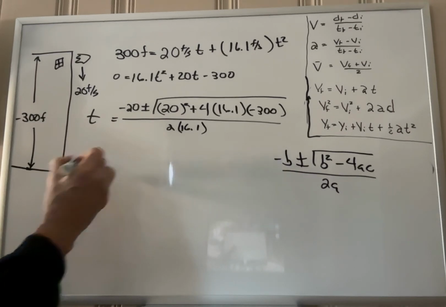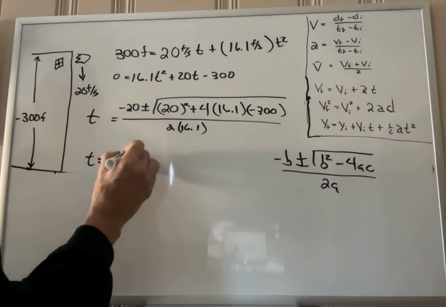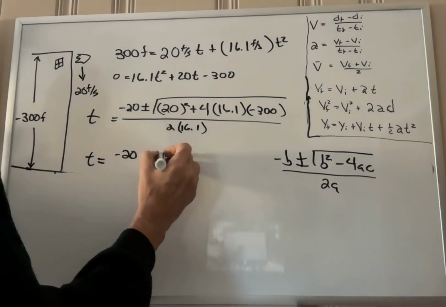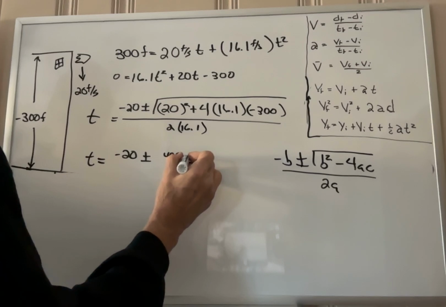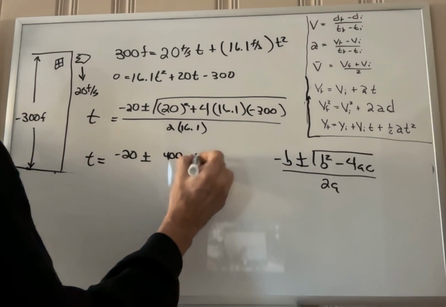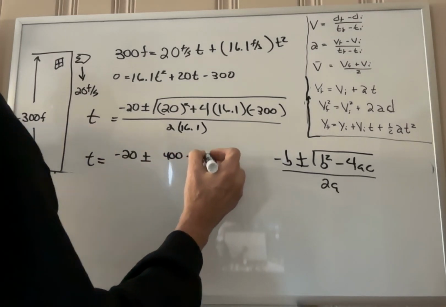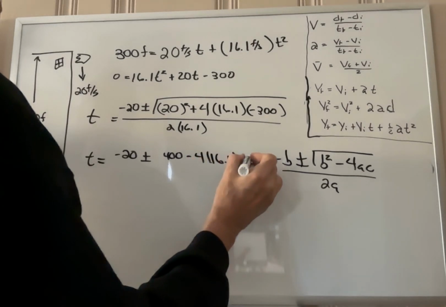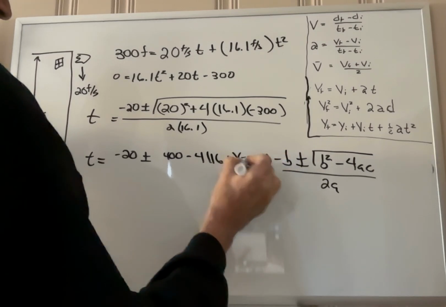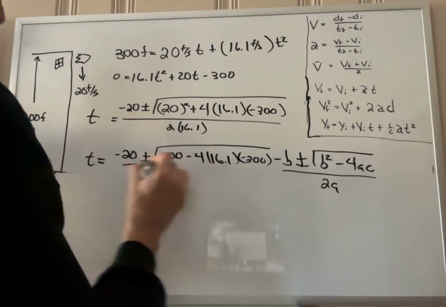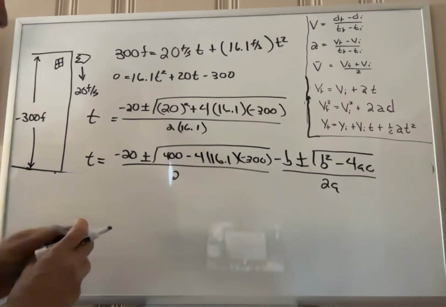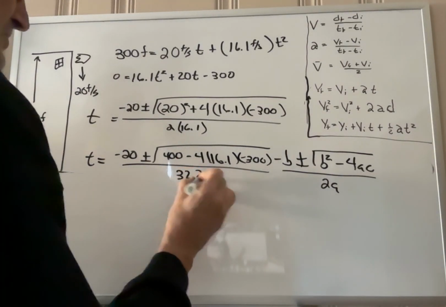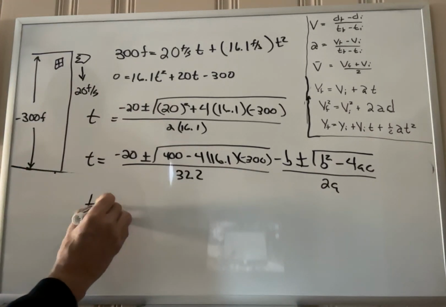Let's keep going. We have negative 20 plus or minus the square root of 400 plus 4 times 16.1 times 300, divided by 32.2.